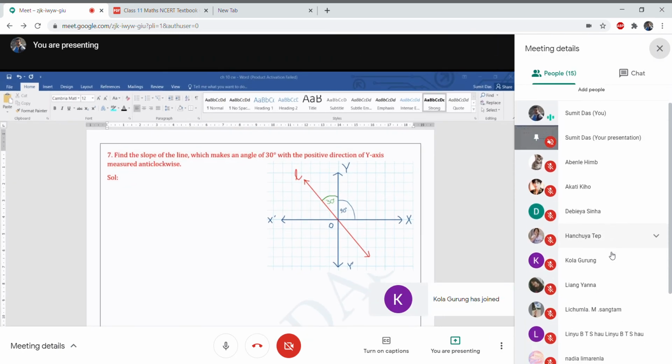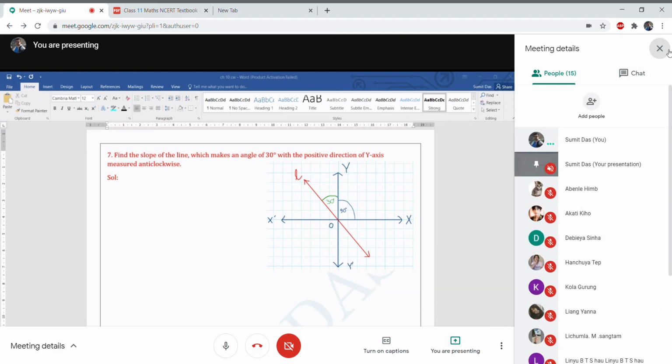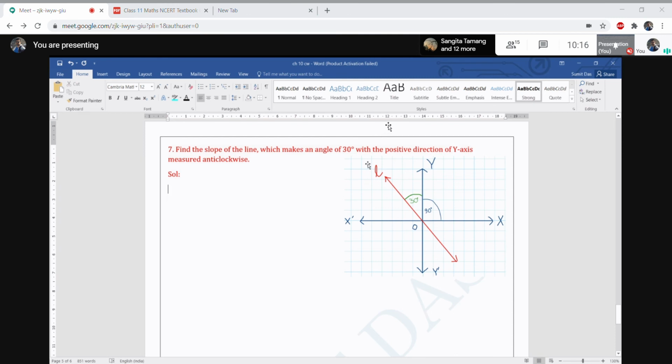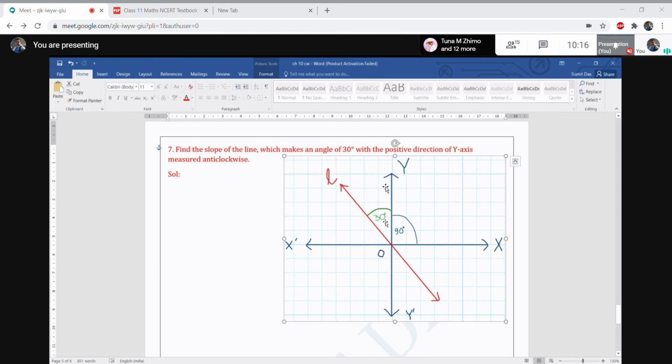Find the slope of a line which makes 30 degrees with the positive direction of the y-axis, measured anti-clockwise. So you can see this line L, and this is the positive y-axis, the green colored one. The line L is making a 30-degree angle with the positive y-axis, right?